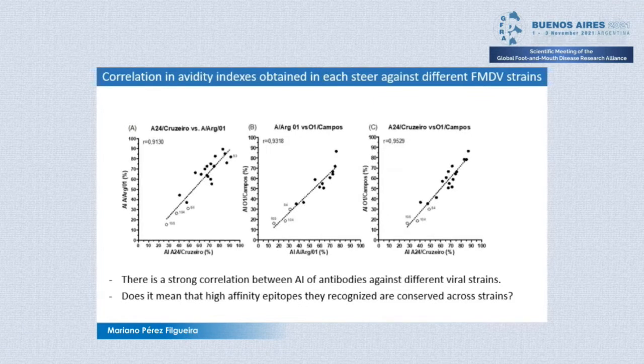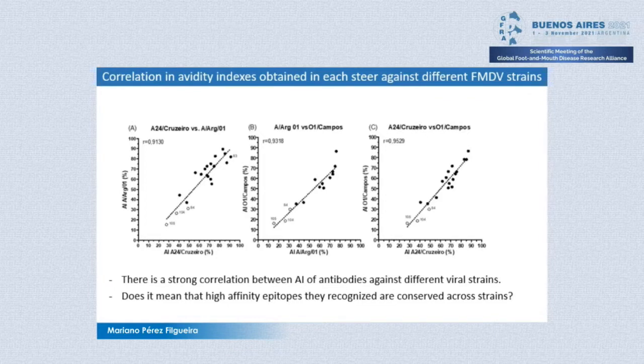And this is what we found. In all the cases, the animals have very similar avidity index against different strains. That means against A24 or A2001 or O1 Campos. That was reflected by these strong correlation curves that we have seen.